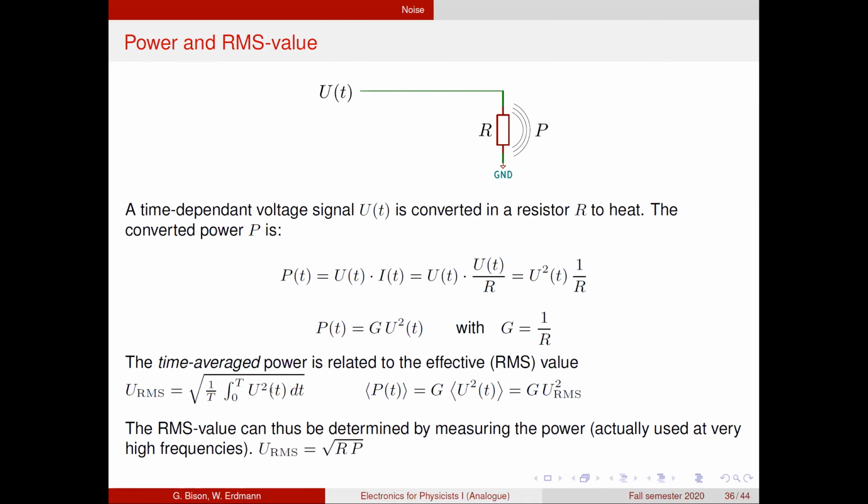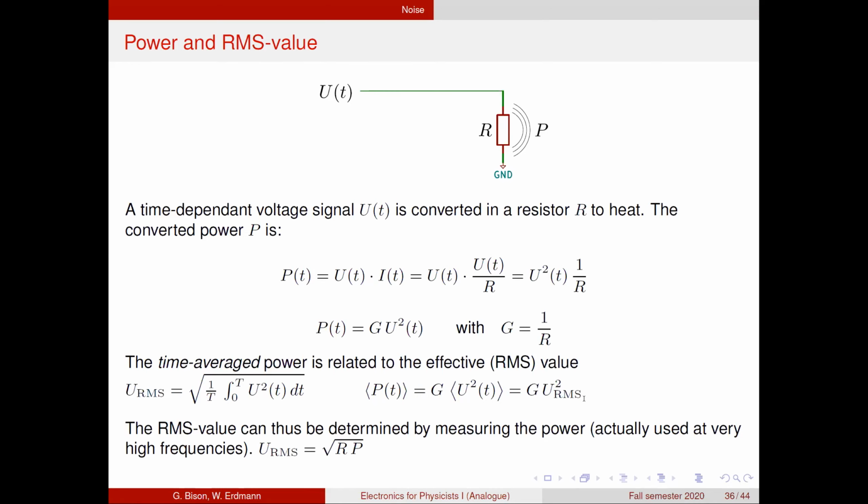With that, we find that the time average of the power is the conductance times the time average of the square of the voltage, which is exactly that. So we simply find that the time average of the power is equal to the conductance times the squared RMS voltage.